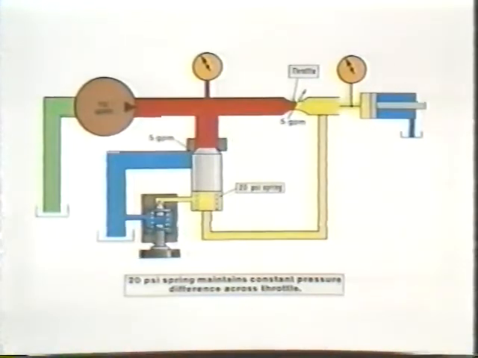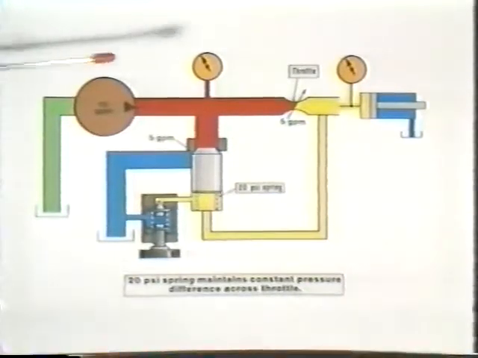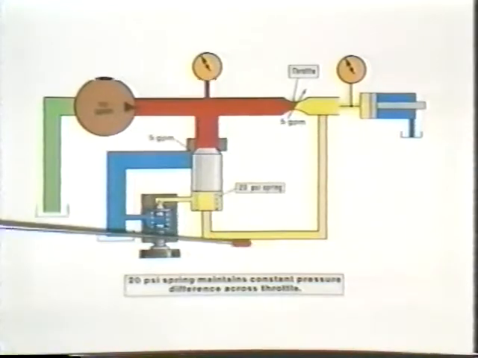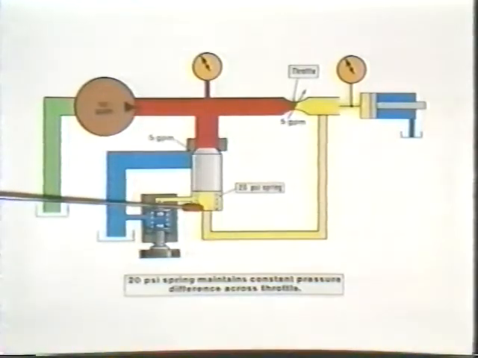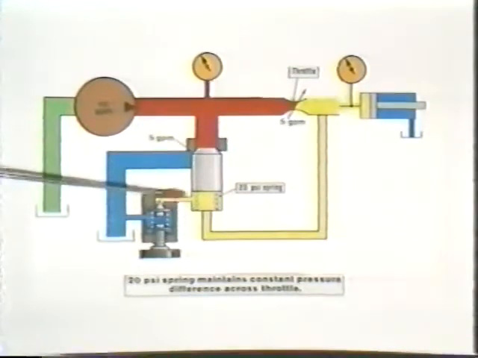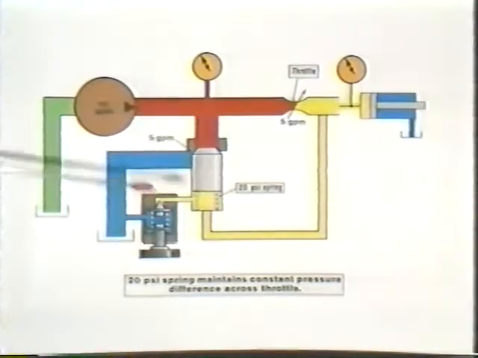What we want to do is have this pressure increased by the same amount as the increase in workload pressure. To do that, we just tee off a sensing line from the workload side of our orifice into this spring chamber. Now, whatever pressure we have here works on the area of the poppet on this side, adding to the spring load.